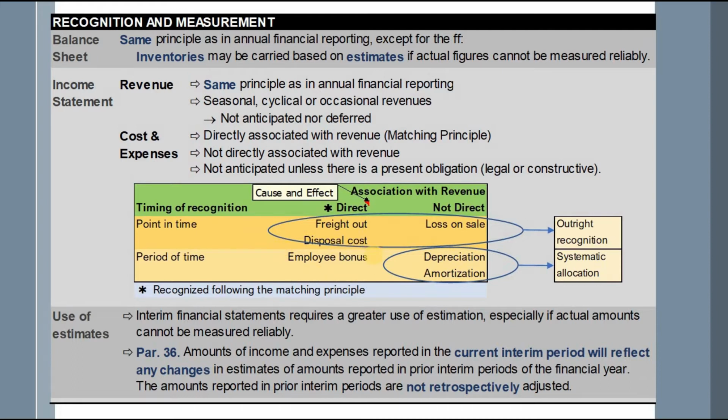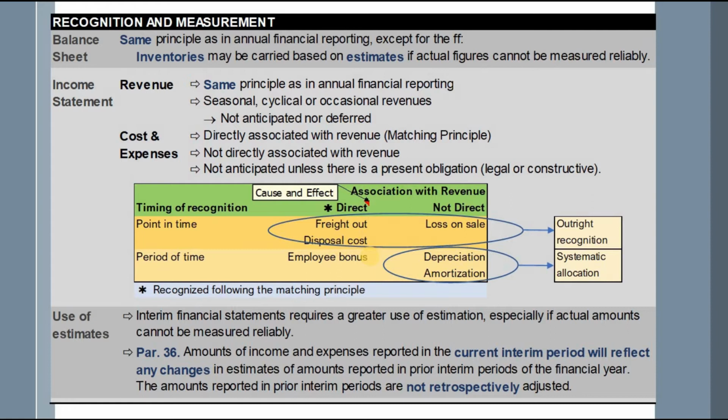So normally the employee bonus is related to a performance indicator of the entity, which is normally the earnings. So that is why the employee bonus expense should be recognized during the period the earnings that is used as the basis for the computation has been reported.